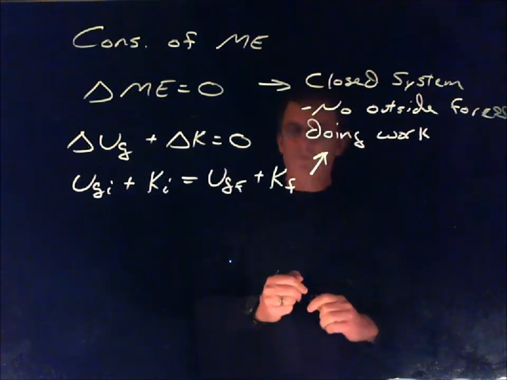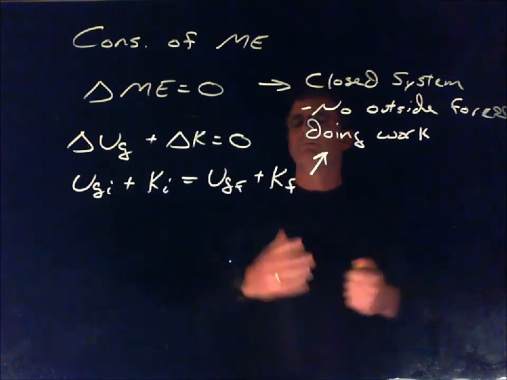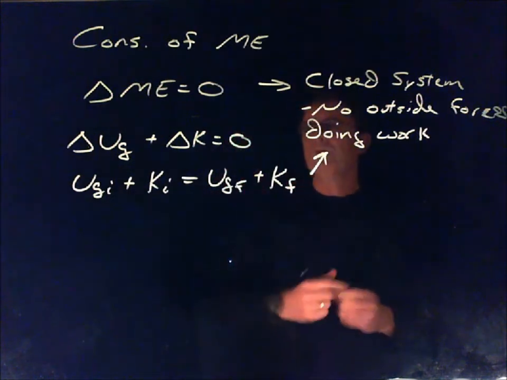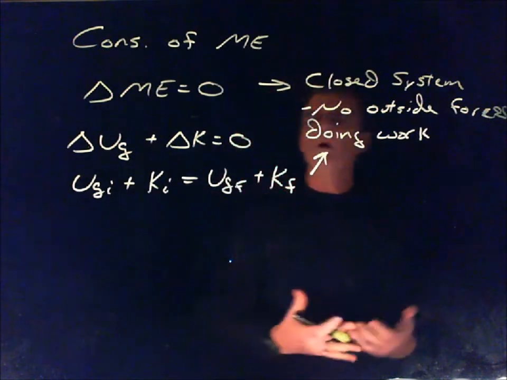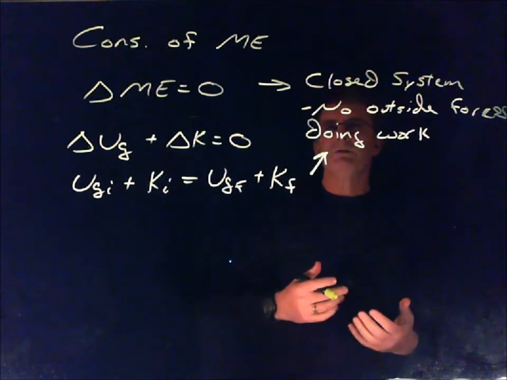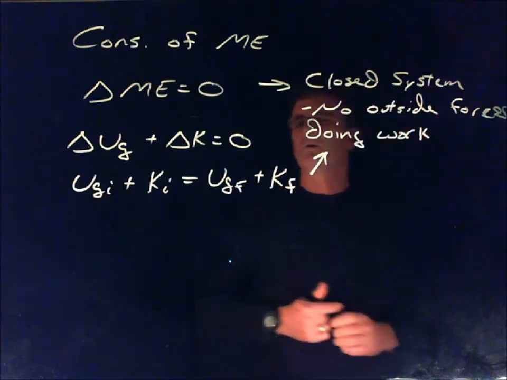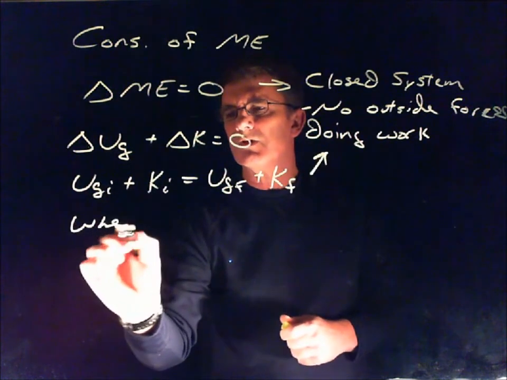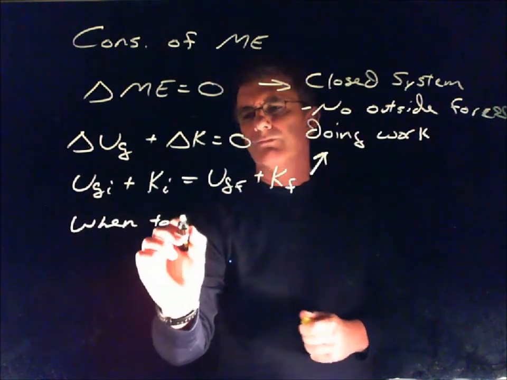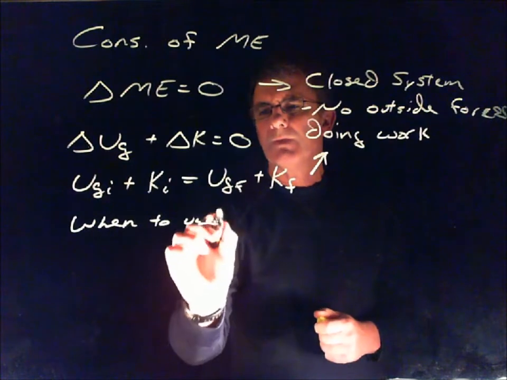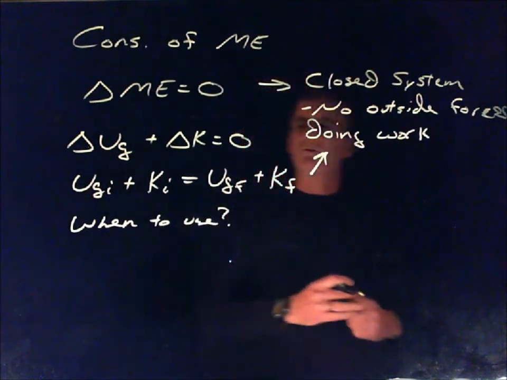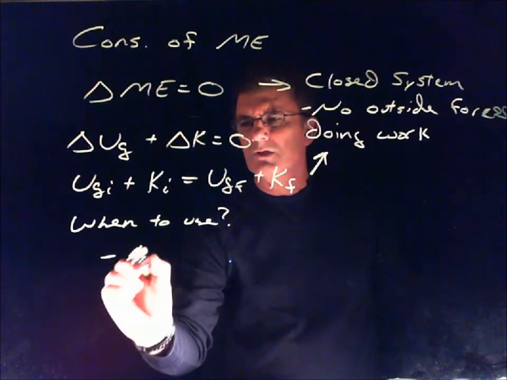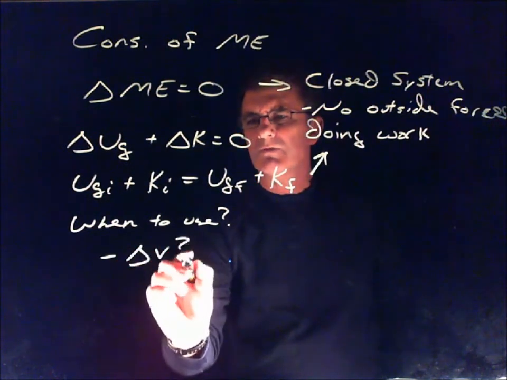So one of the questions that comes up a lot during the course of class is, when do we use it? How do we know energy is being conserved? Besides the fact that it's a closed system, when do we use conservation of mechanical energy? Some of the indicators that I tell the kids is velocity changing. Do we have a change in velocity?